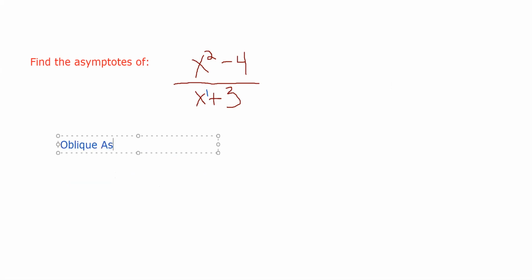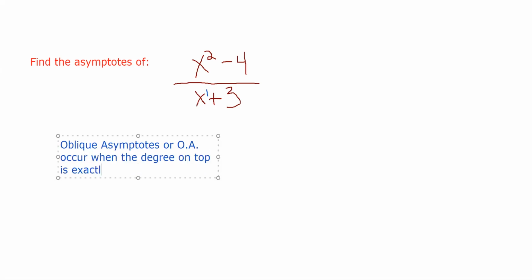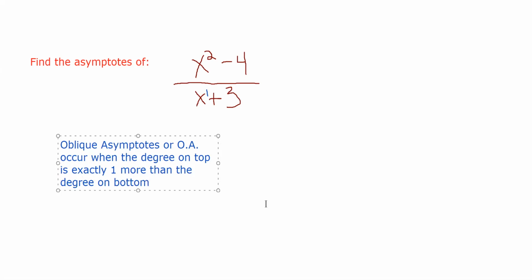Finally, oblique asymptotes, or the OA. These occur when the degree on top is exactly 1 more than the degree on bottom, which is the case here, like we already said. How do we figure them out?